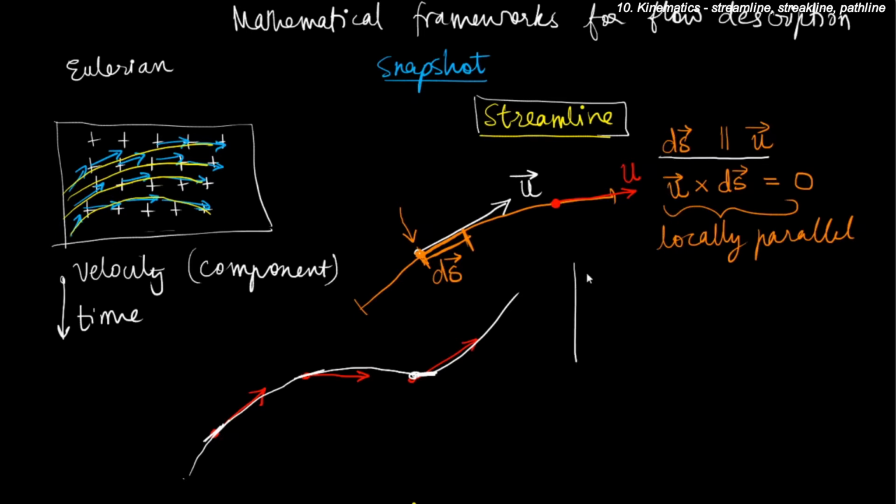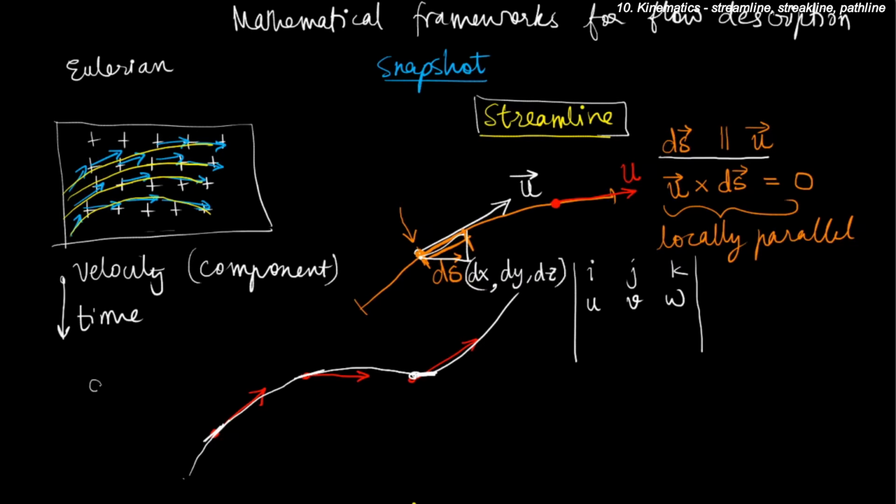Let us try to write it down for simple Cartesian coordinates using the good old rules of cross products. Any displacement ds will have components dx, dy and dz.